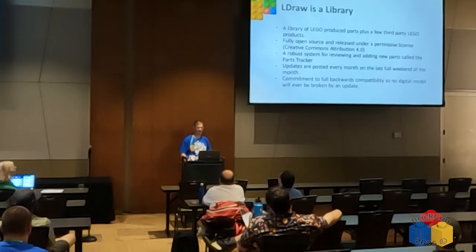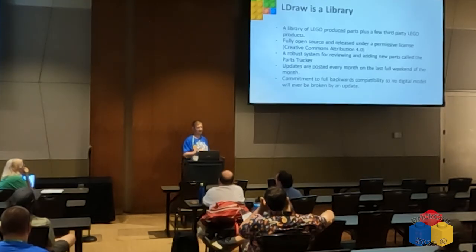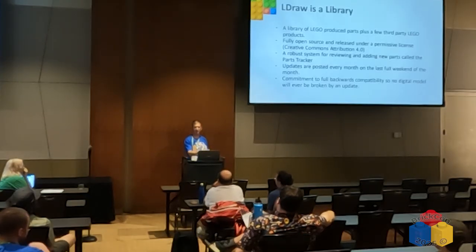Now, some of those parts may have been updated by us, but all we do is redirect the old part onto the new part, and then your model looks the same. Or if we have to make something obsolete, the obsolete file stays in the library and the new correct file gets released alongside of it.